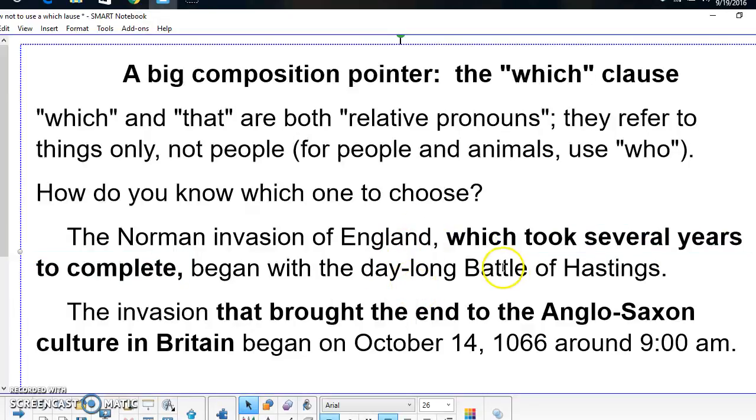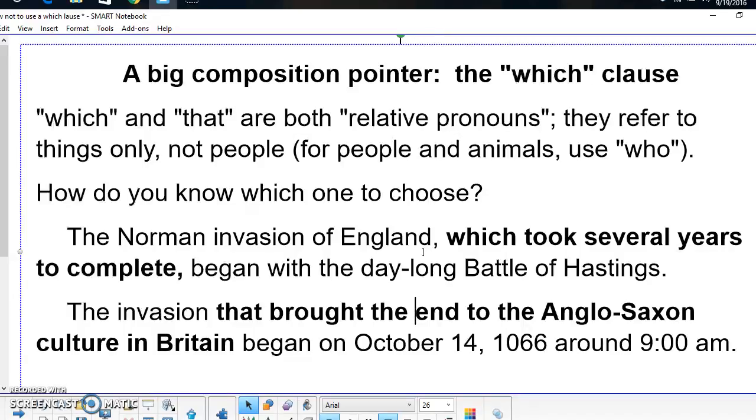So if that's the case, if the information in your clause is just interesting but not crucial, you introduce it with which, and you put a comma in front and a comma after. So why are we going to use a comma there? Well, one of the things that commas do is to tell the reader to take a pause. That's not a rule for knowing whether you put the comma there or not, but the pause is real. That's what I want my reader to do.